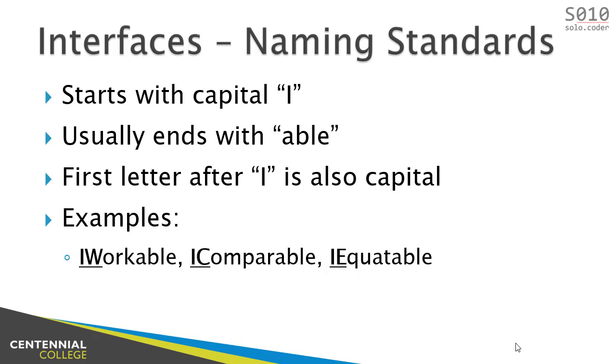So IWorkable, ISellable, IPerishable. And you can try to squeeze an able anywhere you can. It's not mandatory to have this able, but usually that's how we try to fit that. But at the beginning, keep an I to indicate that it's an interface, and keep the next letter capital. It's a must. Let's make it a must, you know what that means.